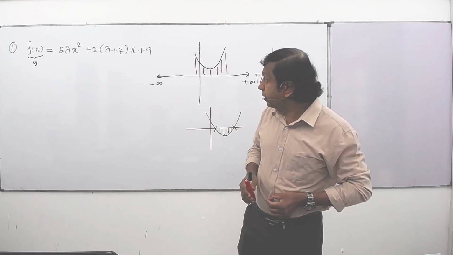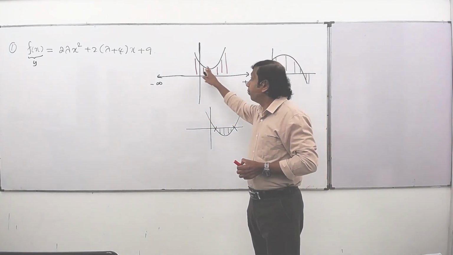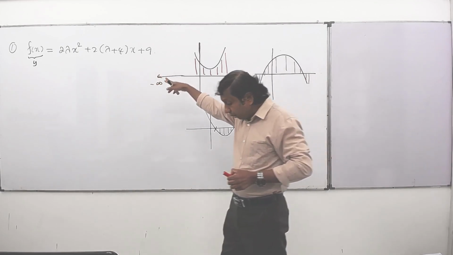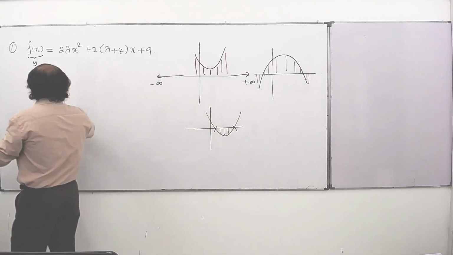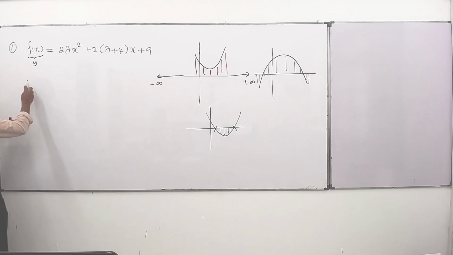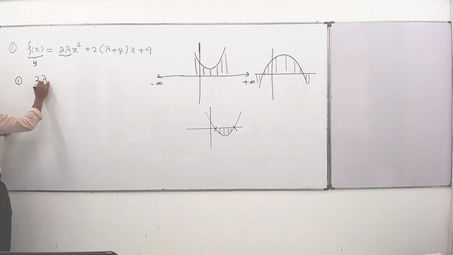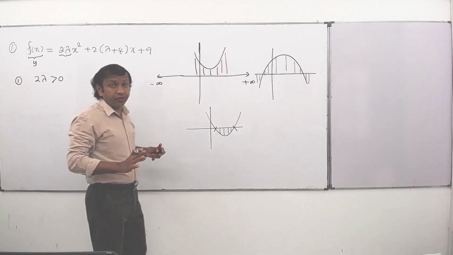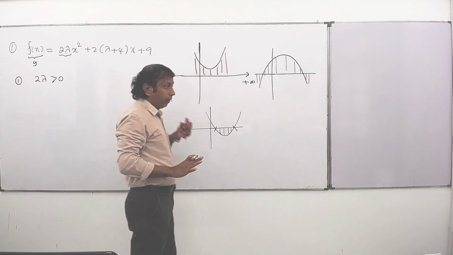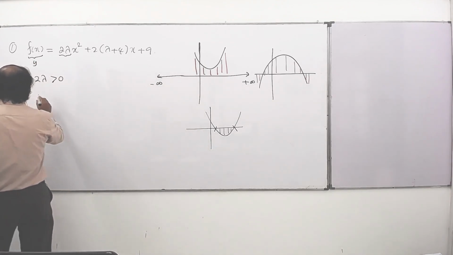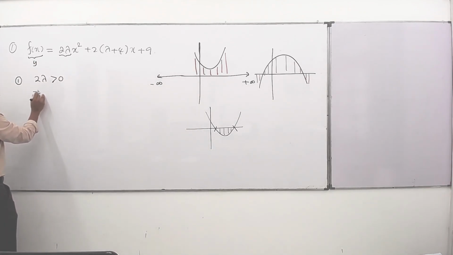For this to be a minimum graph, the first condition required is that the x squared coefficient should be positive. An x squared coefficient that is positive means the graph is a minimum graph, correct? This means 2 lambda is positive, so lambda should be positive.